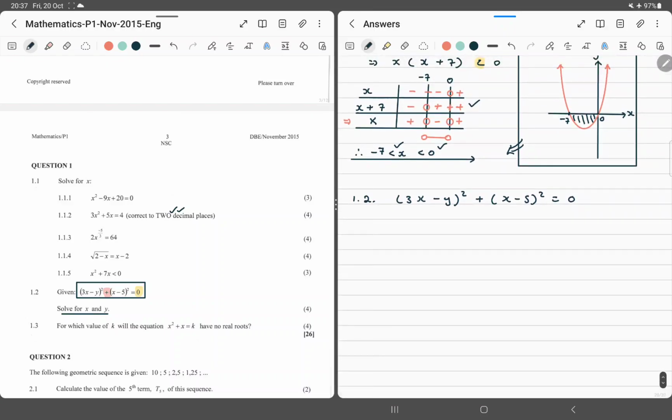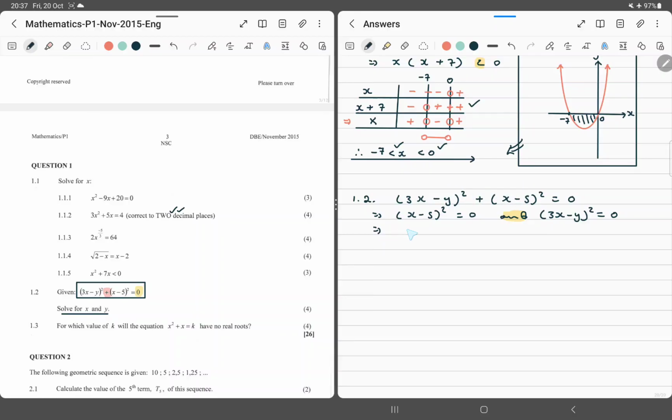For this to happen, we can start with this one. It means x minus 5 all squared is equal to 0, and this 3x minus y all squared is equal to 0 as well. The reason for the 'and' is because both of them have to be 0.